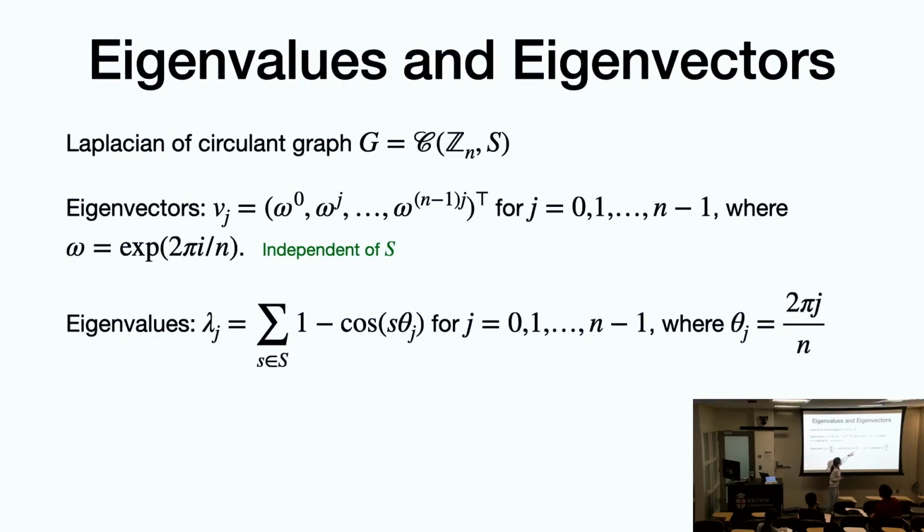For j from 0, 1 up to n minus 1, the jth eigenvalue lambda j equals the sum of 1 minus cosine S theta j over all the generators S in the generating set. And this theta j is 2 pi j over n, which is between 0 and 2 pi.